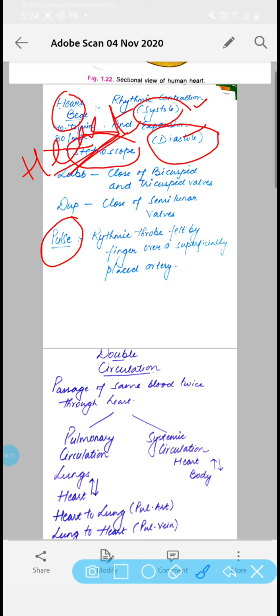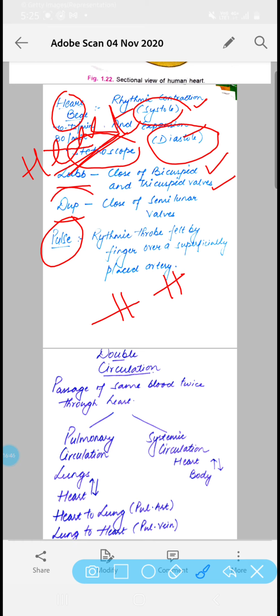Our heart produces two kinds of sounds, lub and dub. The lub sound, the first heart sound, is formed by the closure of the bicuspid and tricuspid valves, or you can say the auriculoventricular valves, because ये जो tricuspid और bicuspid हैं ये auricle और ventricle के बीच में present हैं, so they are also called auriculoventricular valves.